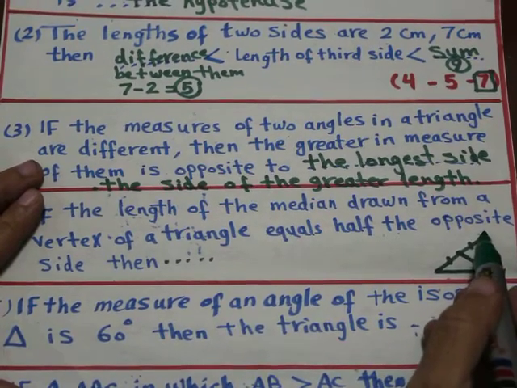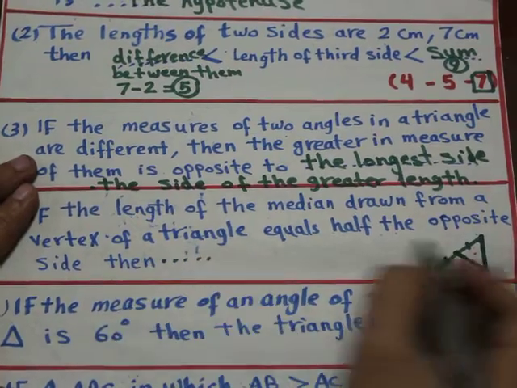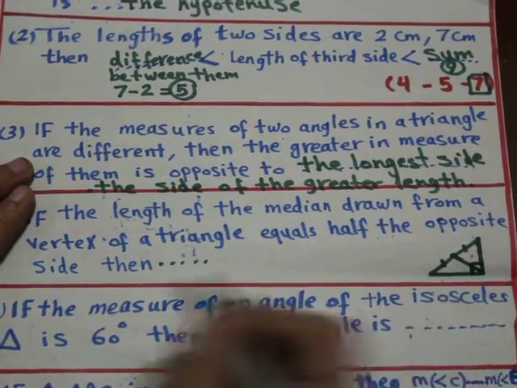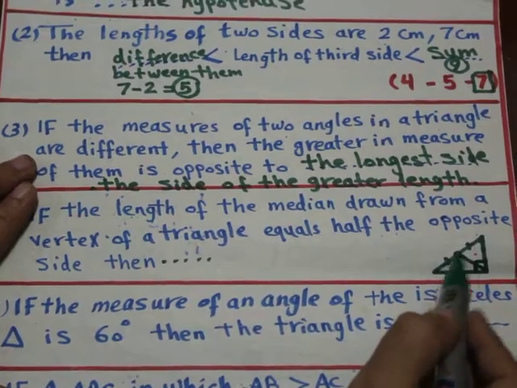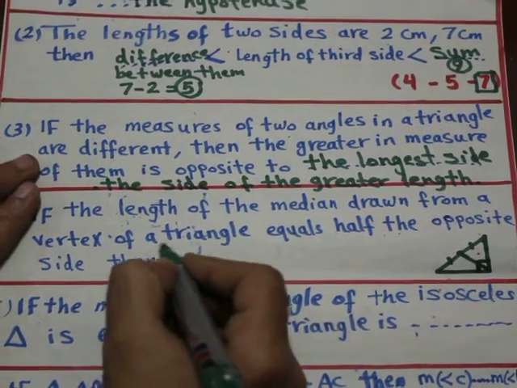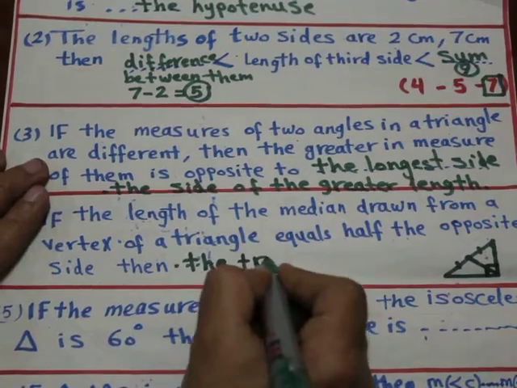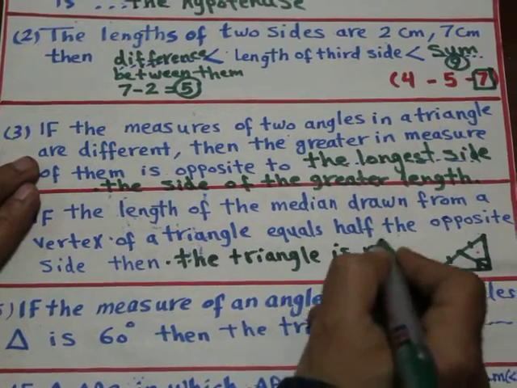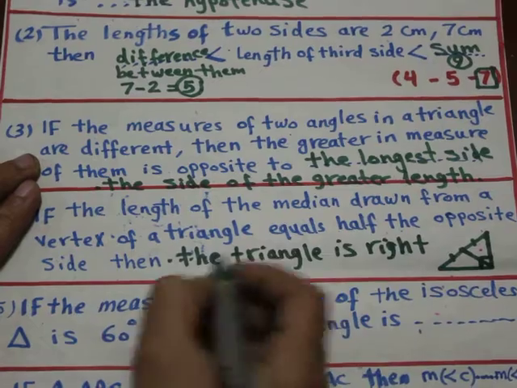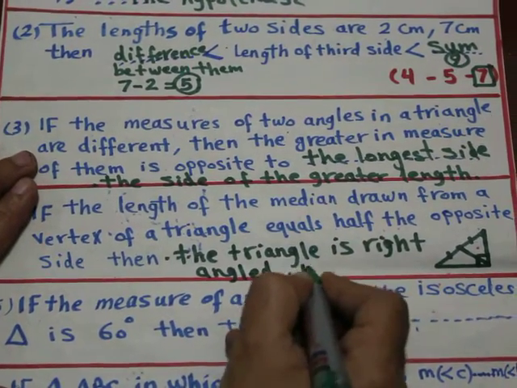So yes, then the triangle is a right angled triangle because the median equals half the opposite side.